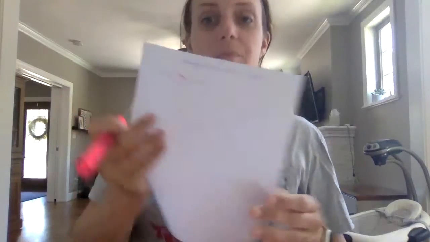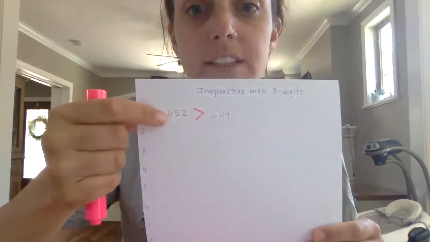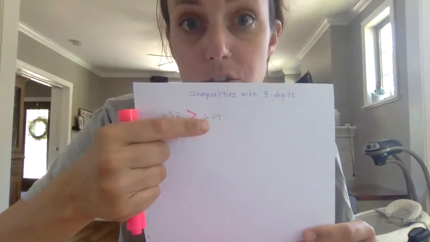This is going to be reflected on my paper. So I like to use a colored pen, pencil, or highlighter for my greater than symbol so I can see. 652 is greater than 649. And so for a challenge, you can also write this in words.